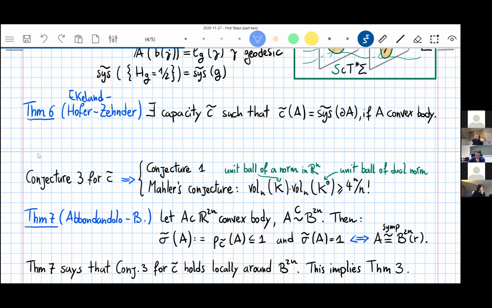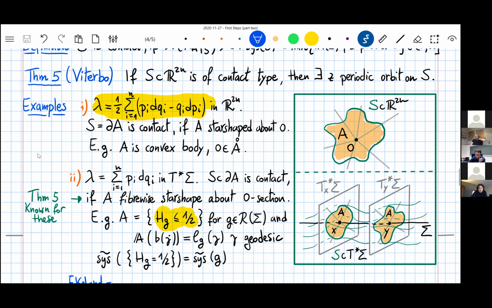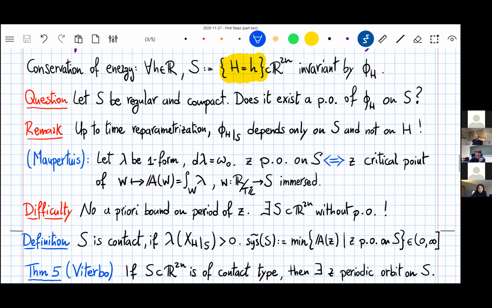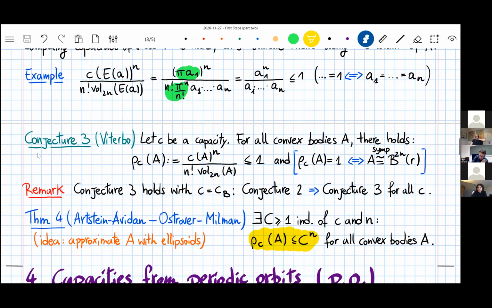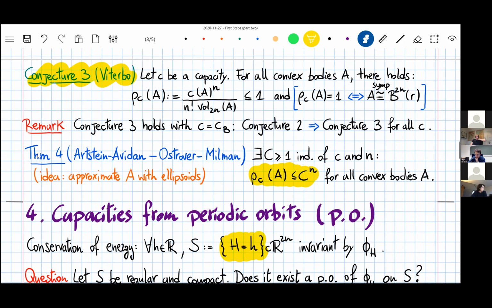Now this is a special capacity, and you can, for example, ask conjecture 3, which was this inequality above, for the capacity C tilde. So this was conjecture 3. What can you say about this ratio for the capacity C tilde?